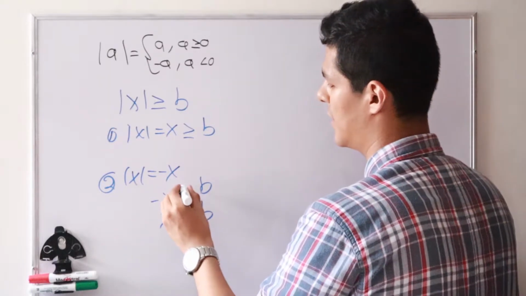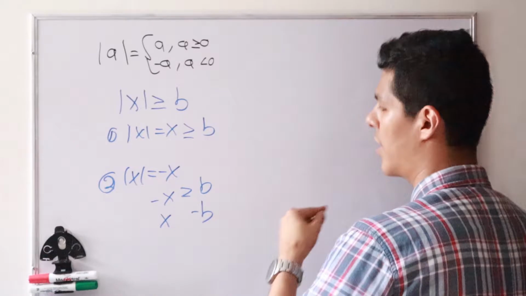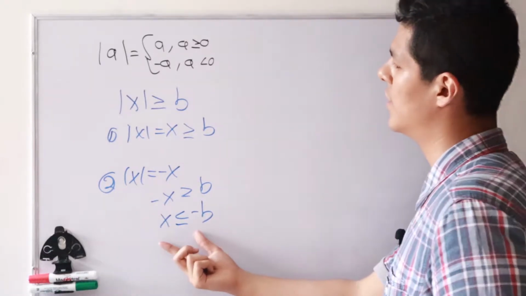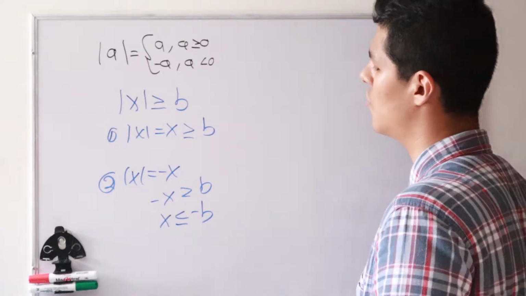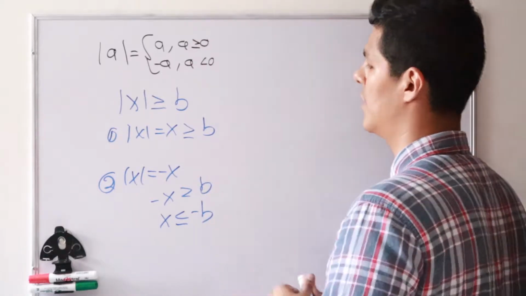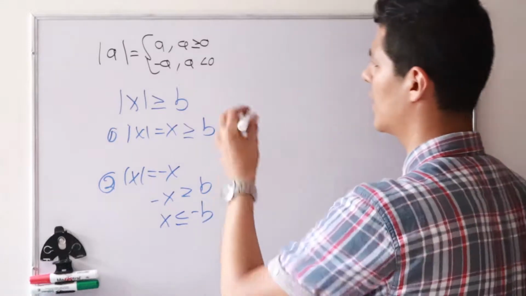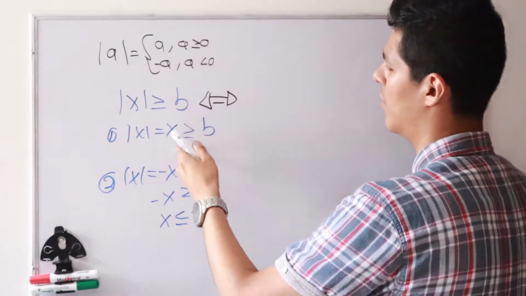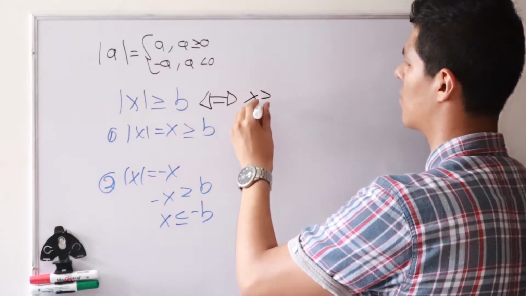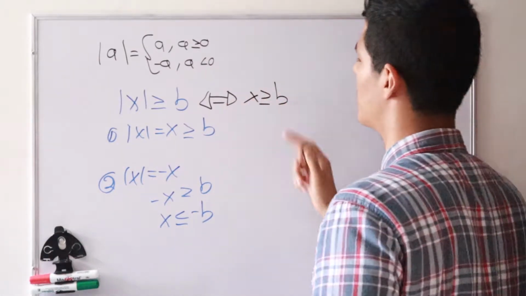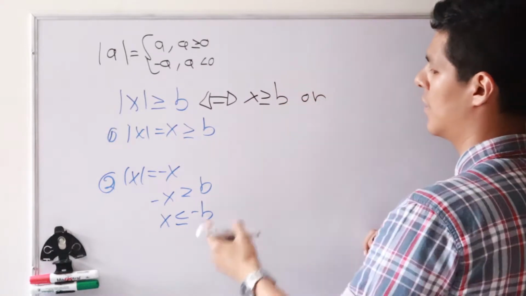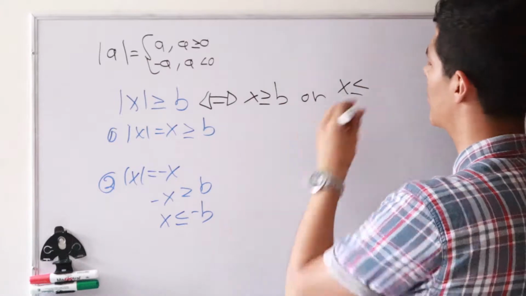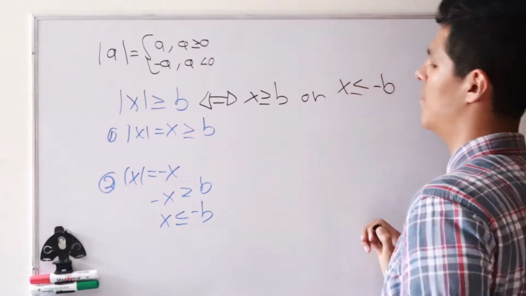So if this is in this direction, it has to be in the other direction. So we have two different scenarios. This happens if and only if X is greater or equal to B, or X is less than or equal to minus B.